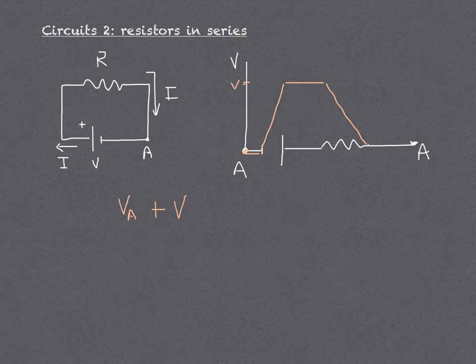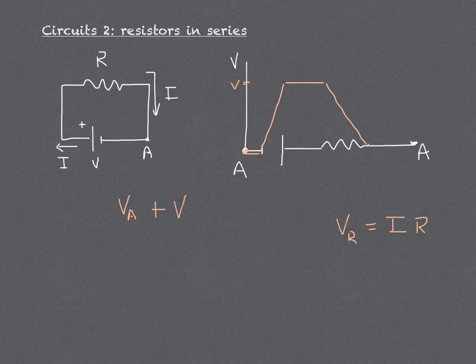And the value of that voltage can be found using Ohm's law. So the voltage of the resistor that it's using, the potential, is going to be equal to the current times that resistor, right? And it is dropping.